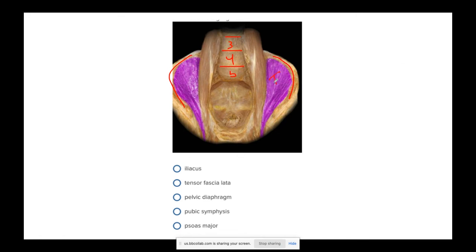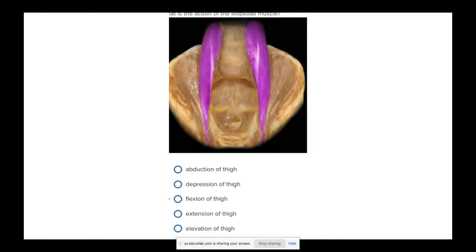This is the iliacus muscle, and the one here is psoas major. These are your primary hip flexors.